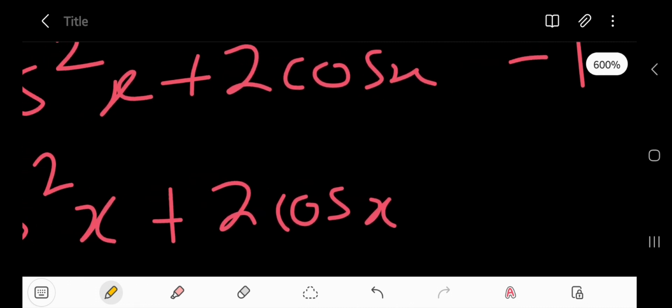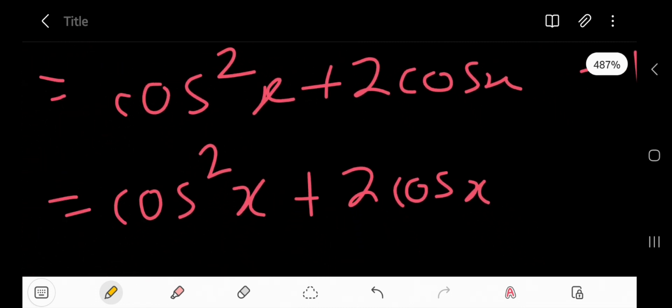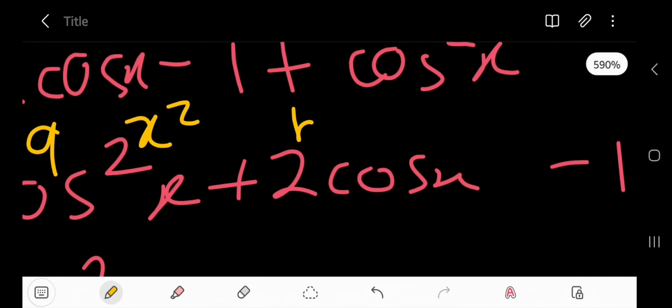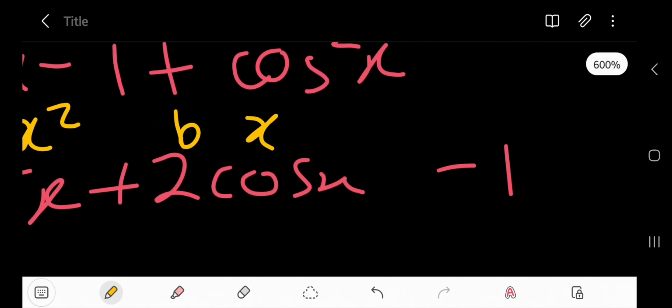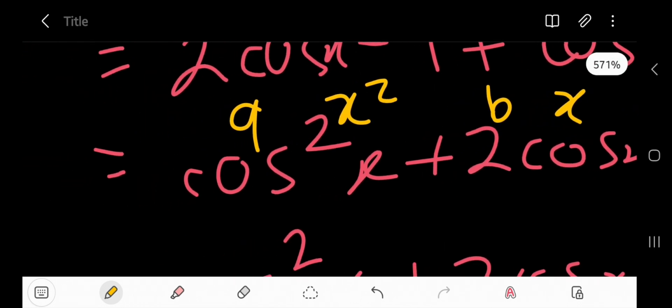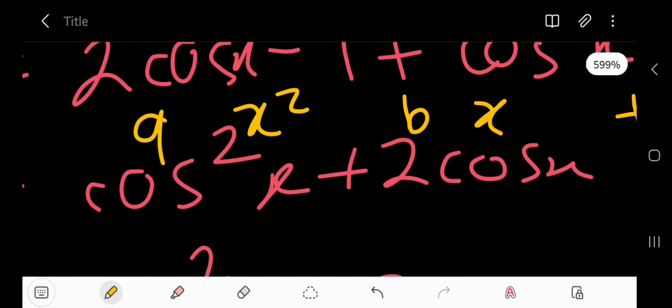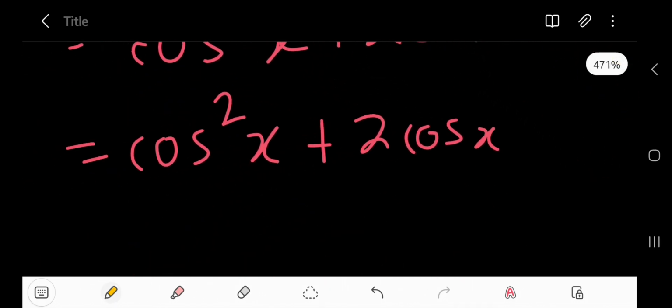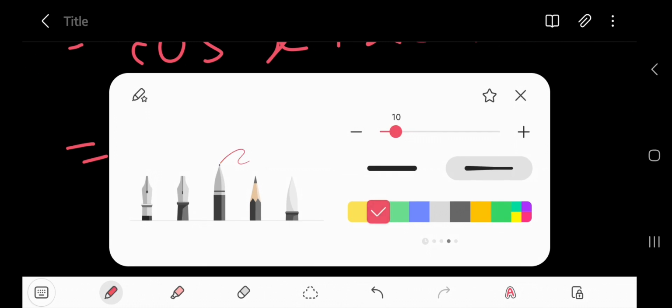We always have to get our formula first into this form: a x squared plus b x plus c, right? In this case, our a is going to be 1, and our x is acting as our cos x. This is why we always want to get it in this form.